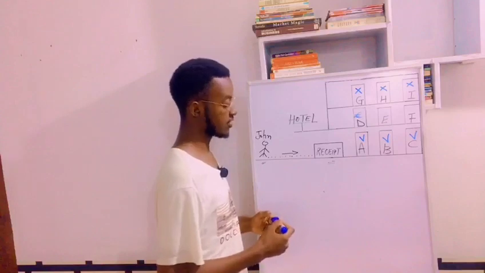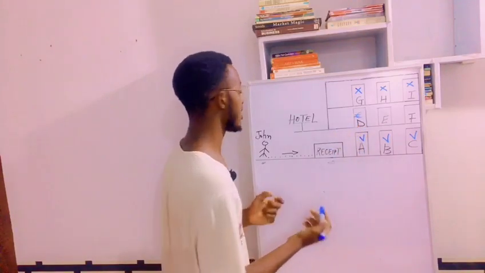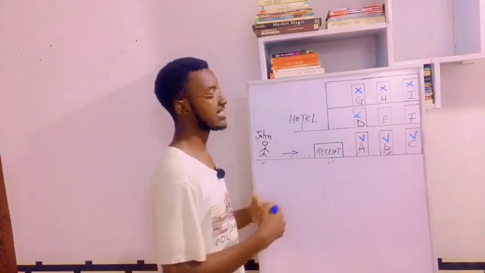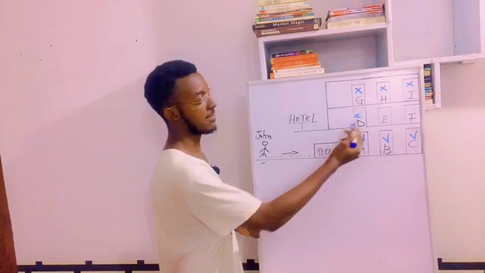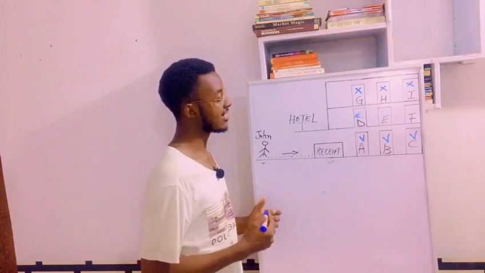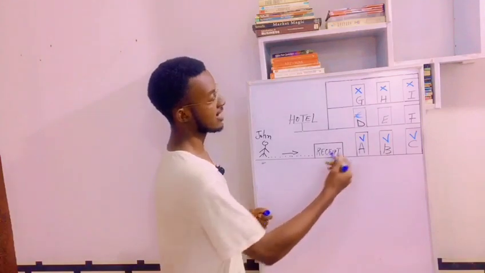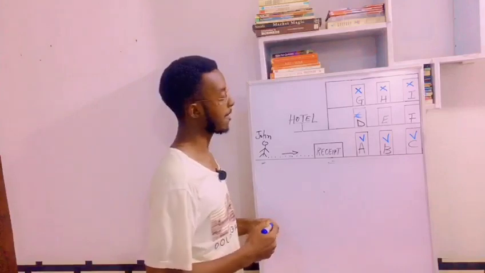And the clerk also noticed that room D is also occupied and it cannot be given to John either. So this is an example of a computer taking an IP address from the DHCP. And finally, he can give John room E or room F that are available.